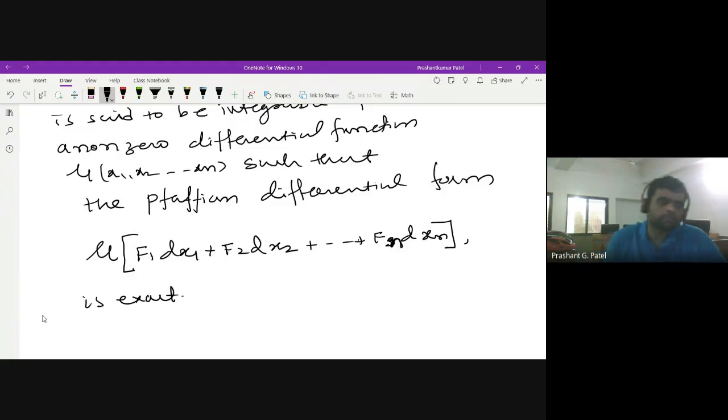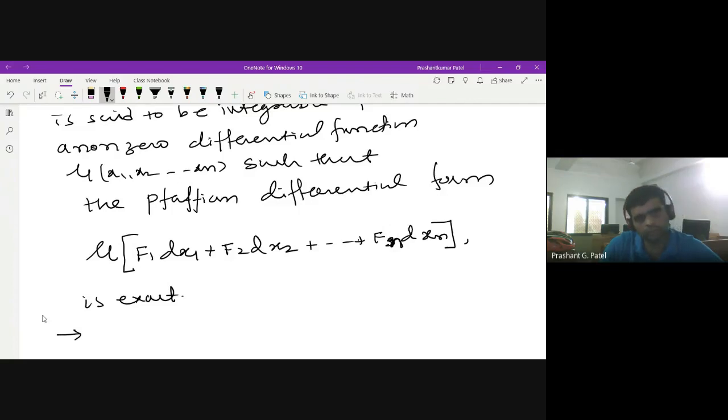So previously, whatever Pfaffian differential equation is given, it is not exact. But if you are able to find some mu, and you multiply by it, then that Pfaffian differential equation is known as integrable, and this mu is known as the integrating factor.